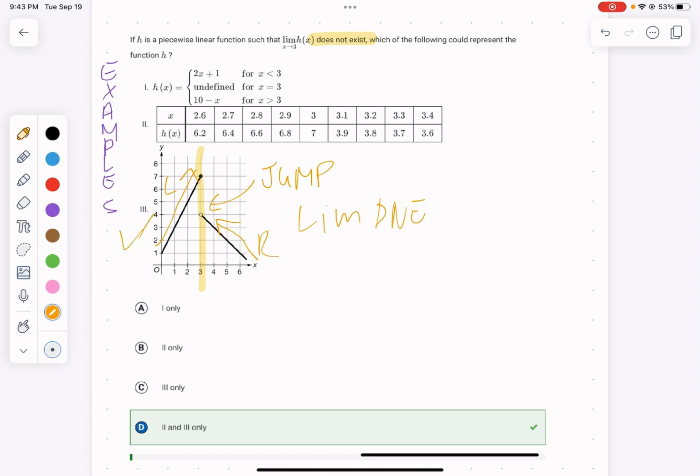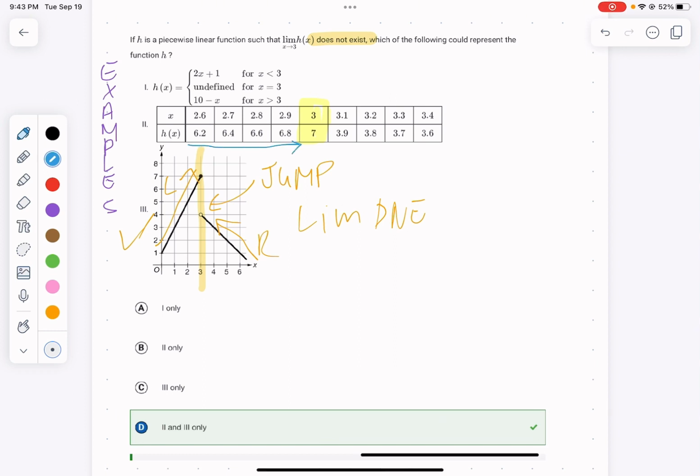Let's change colors. Now let's go to 2. As we can see here with number 2, let's highlight this little center moment.